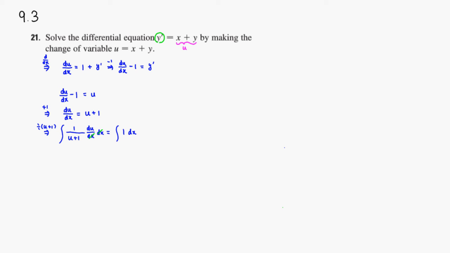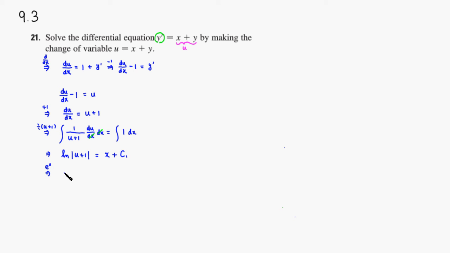So the antiderivative of 1 over u plus 1 is natural log of the absolute value of u plus 1. Then the antiderivative of 1 with respect to x is just x, and then plus some constant. I'm going to call it C1 because I might have to use C for something else. Then we can raise e to both sides.